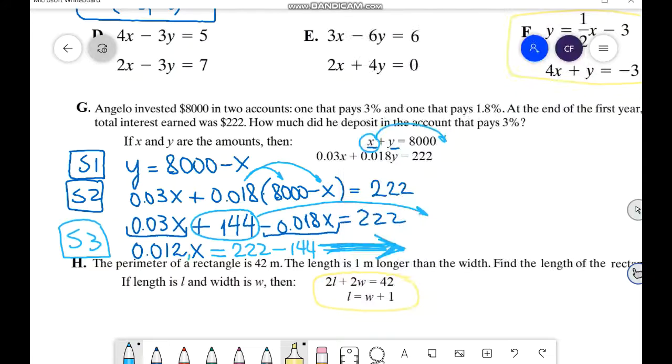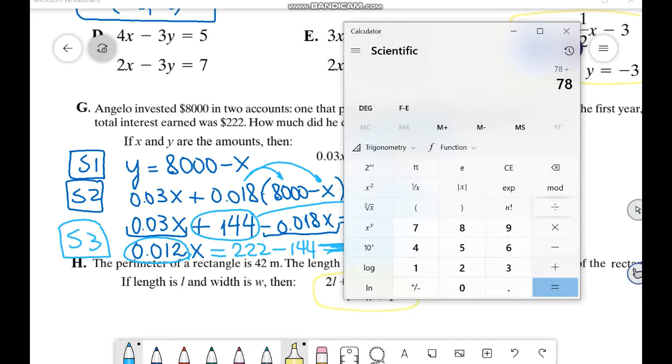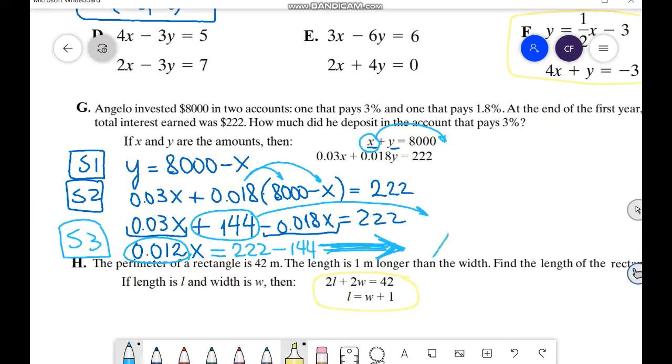And 78 divided by 0.012 equals 6,500. X equals 6,500. This is the answer for letter G.